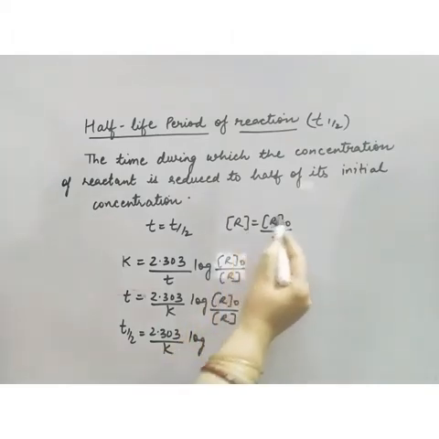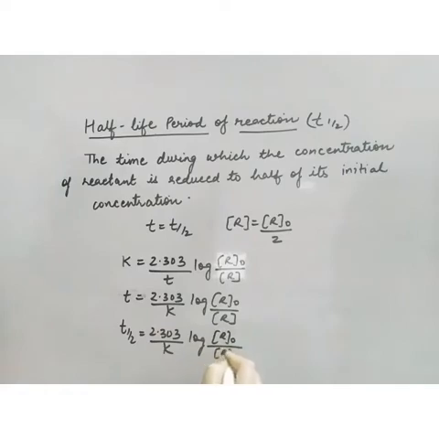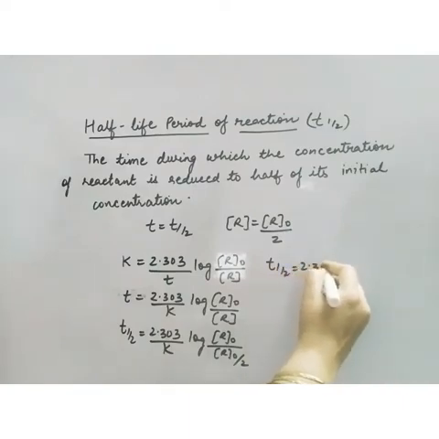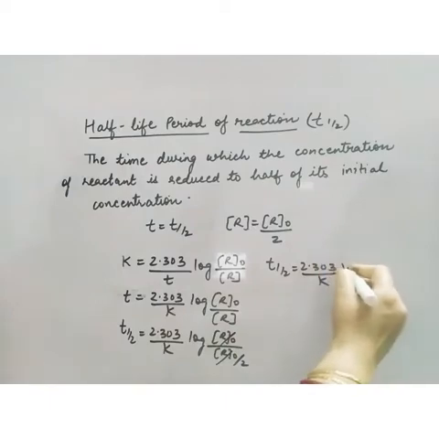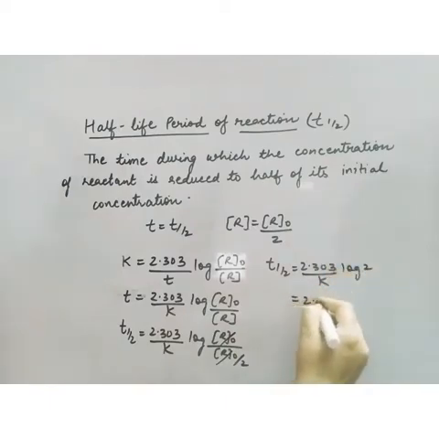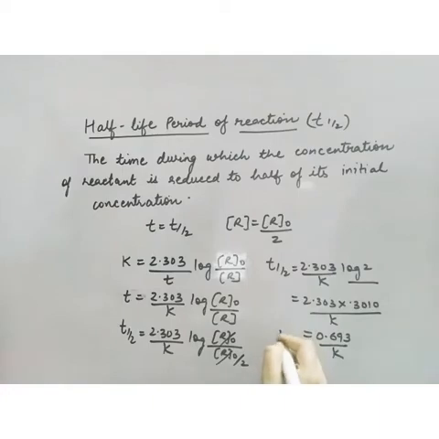Final concentration is half of initial. R naught and R naught will be cancelled. It is log 2, so it is 2.303 into 0.3010, this is the value of log 2, upon K. So it is 0.693 upon K.